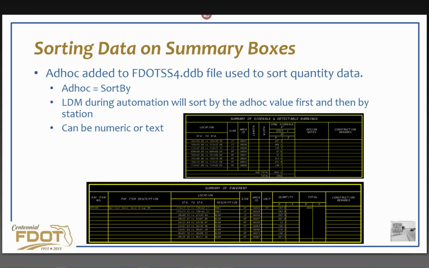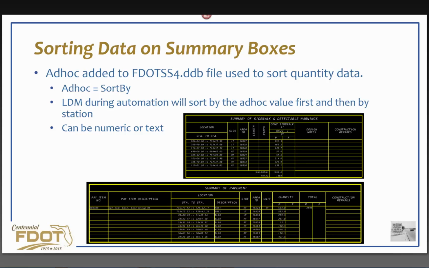And the first example here for the summary of sidewalk, I added a sort by ad hoc called left and right, and it sorted my quantities by those that I had set to left. So the left came in first, and then the right came in next, because it'll be in alphabetical order whenever I use a text.